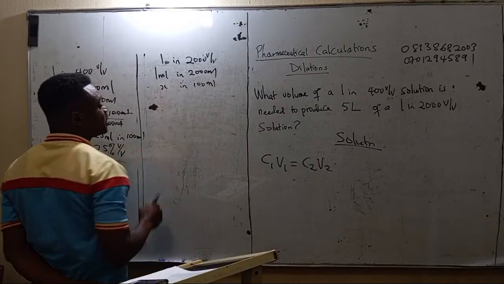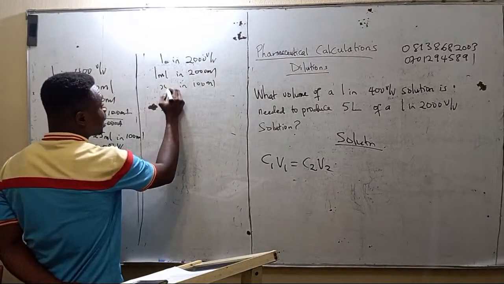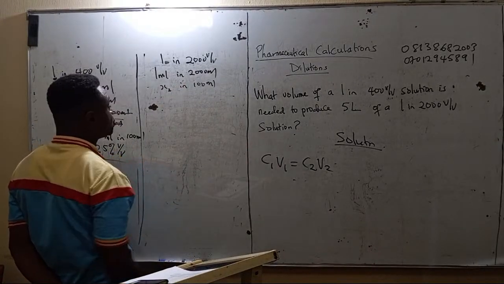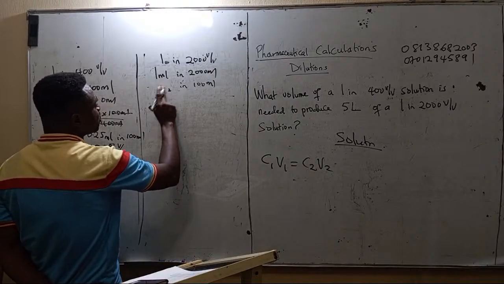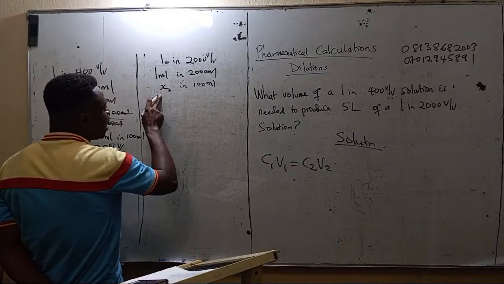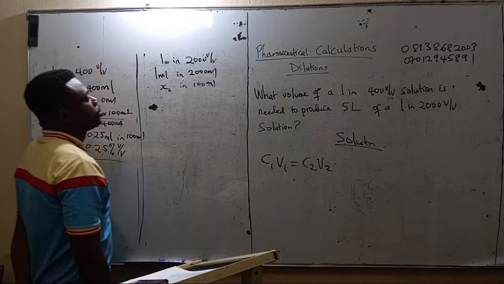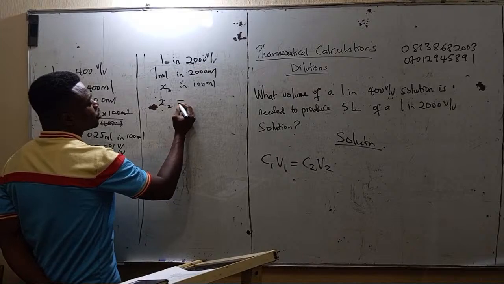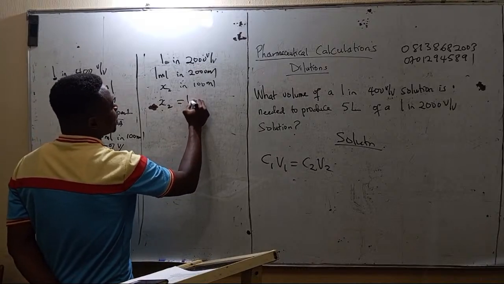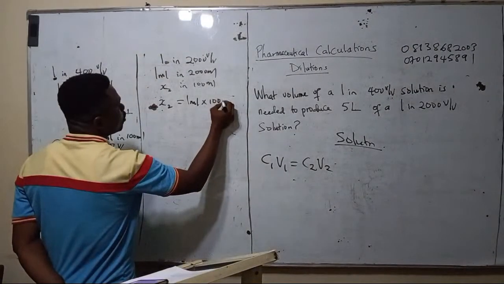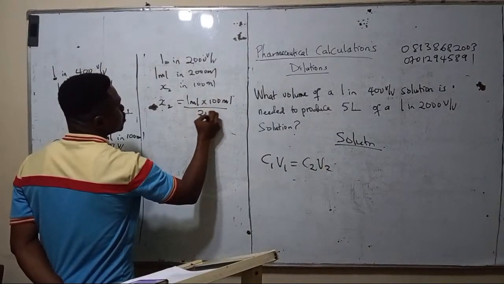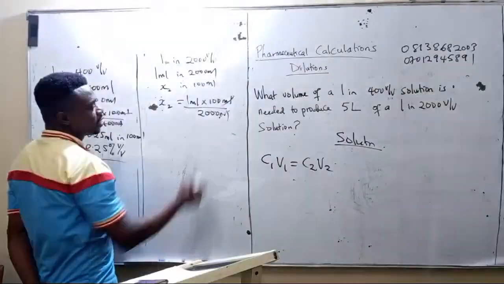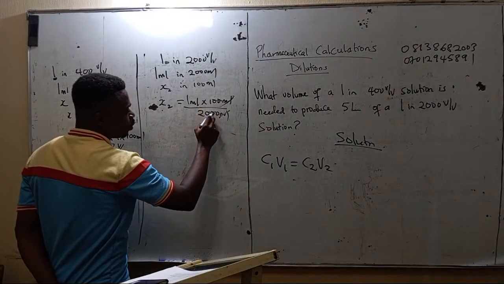We call it X. You can say X2 or you can also use C2, it's okay, any of them is fine. So X2 is now equal to 1 ml times 100 ml over 2000 ml. ml will cancel ml. This 2 0 will cancel this 2 0.